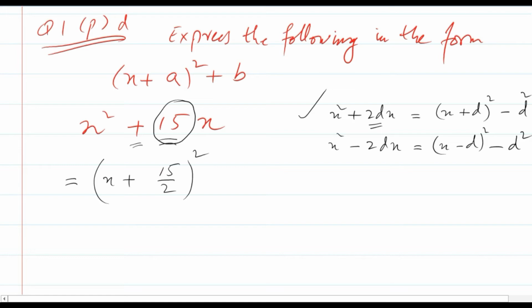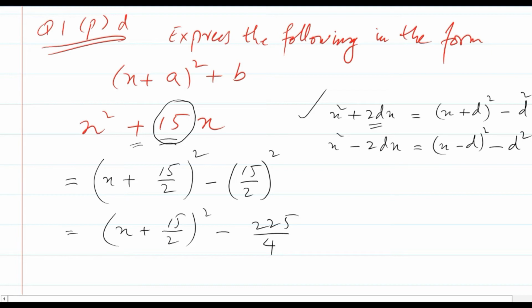Then minus sign and square of half of this number, that is 15 over 2 whole square. Now, on simplification, you will get x plus 15 over 2 whole square minus 225 over 4. And this is the required form.